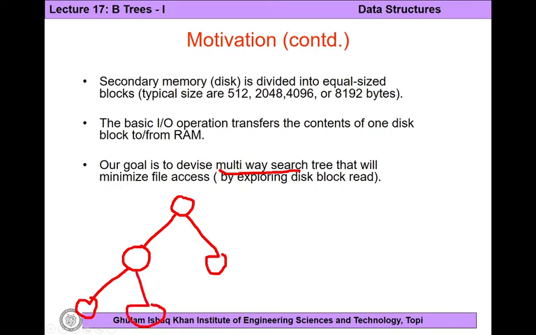But in B trees we will have more than 2 children for a node, and within each node we may also have more than 1 key as well, right?